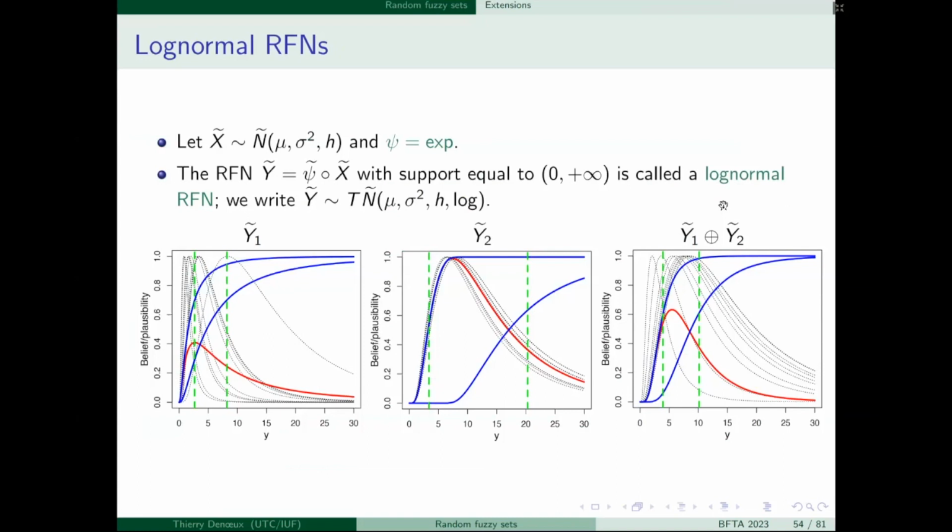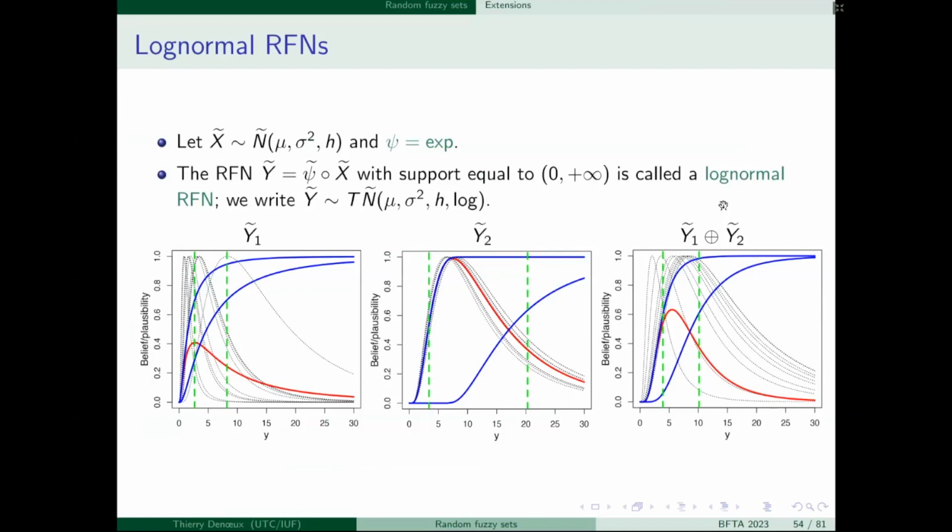So this defines a model of a belief function on the positive real numbers. If you have some unknown parameter which is positive, like a distance between 2 points, you have a model to represent some evidence about this positive quantity by a belief function.